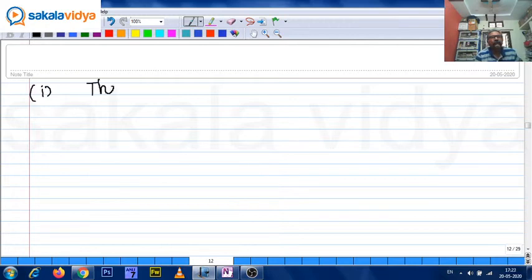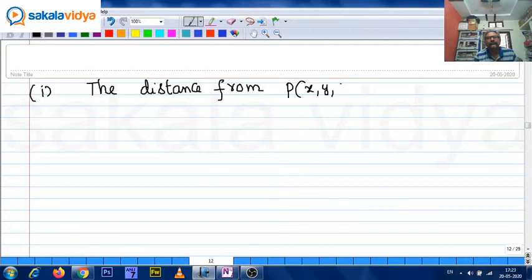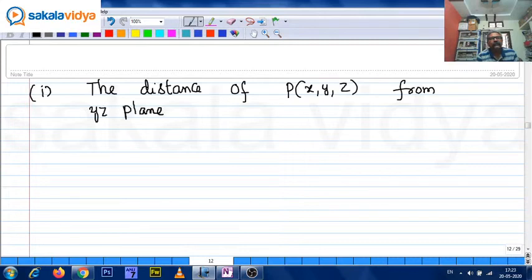The distance of P(x, y, z) from the yz plane.